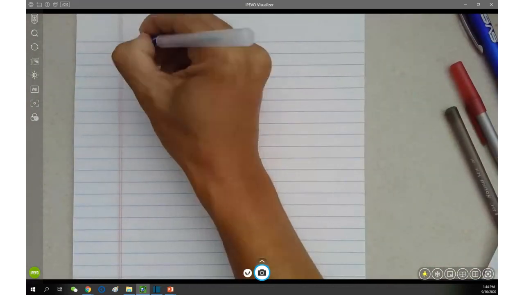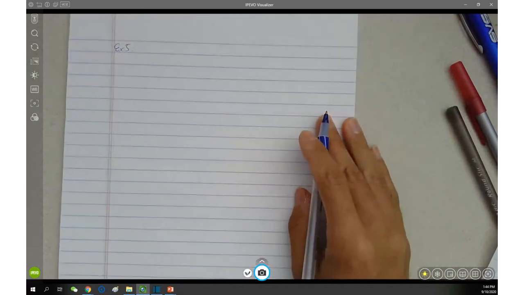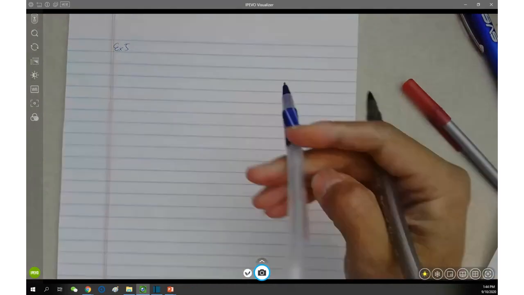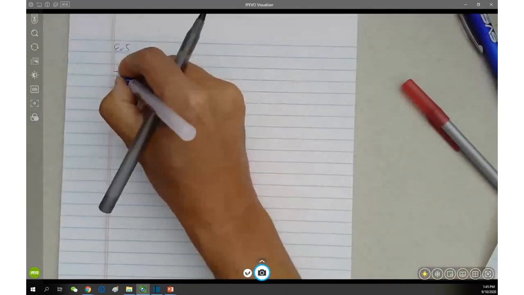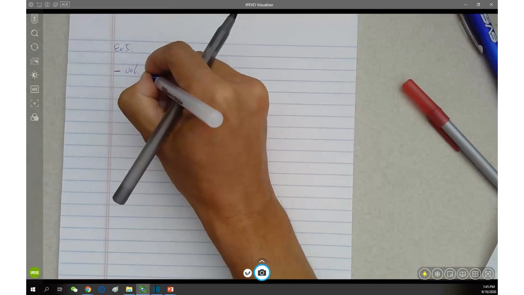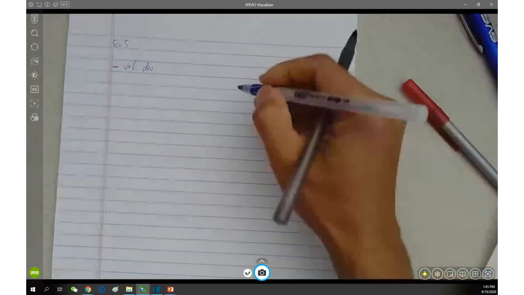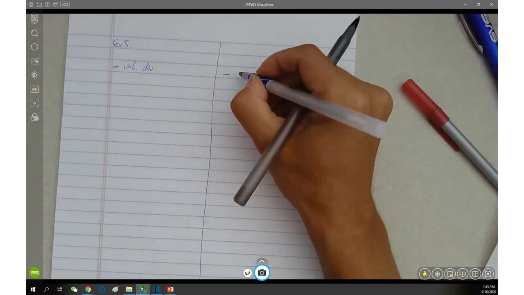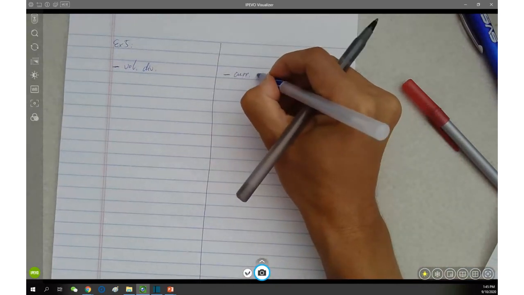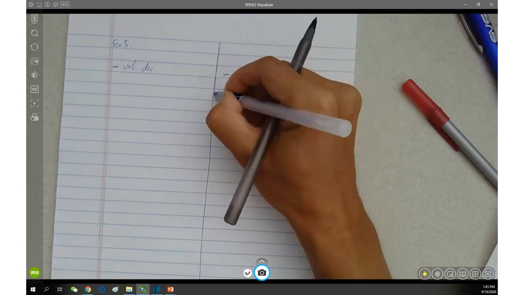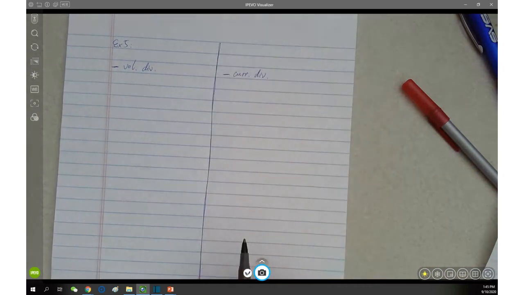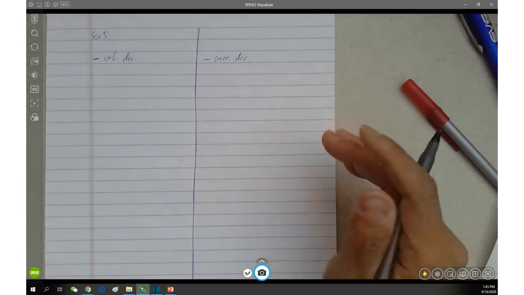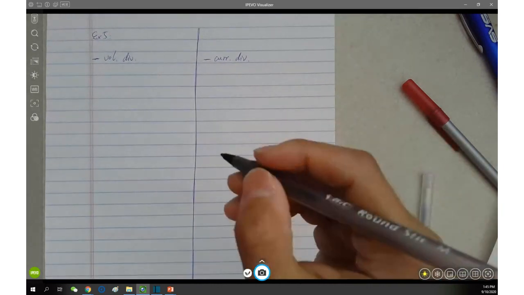Once again, this is example 5, and you have some circuit here. Let's talk about the voltage divider first. In parallel, we can talk about the current divider. I want to place them together, it's easier to clarify some tricks.